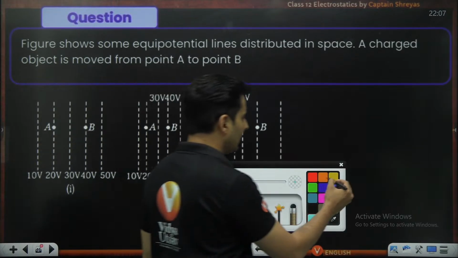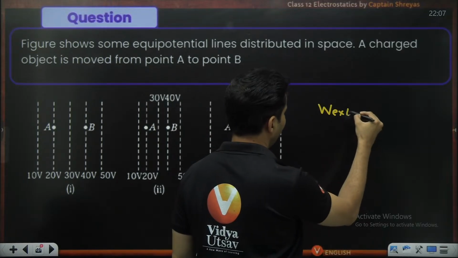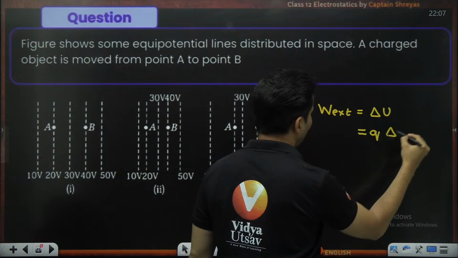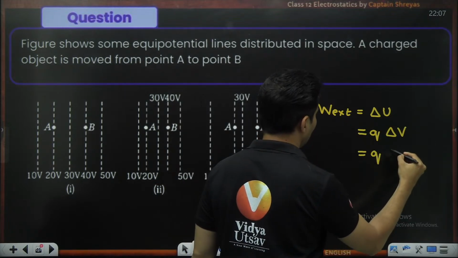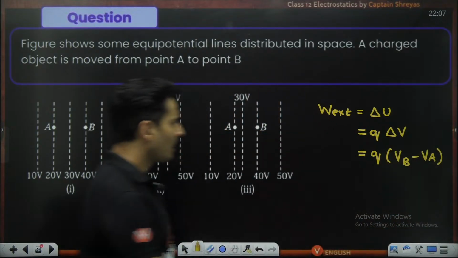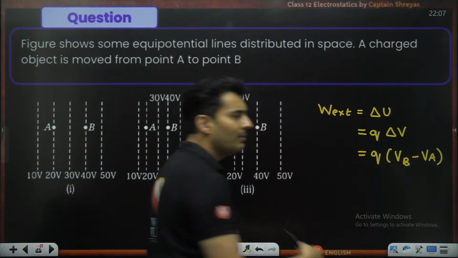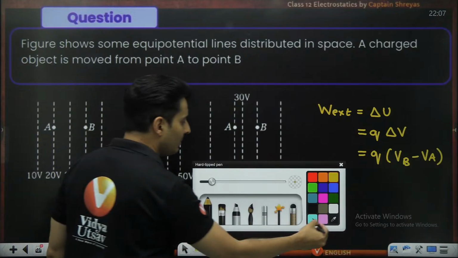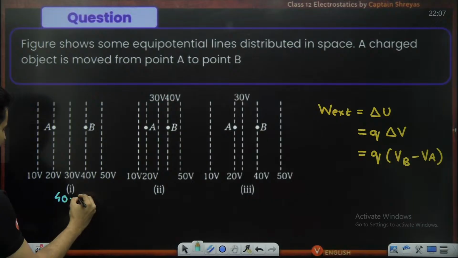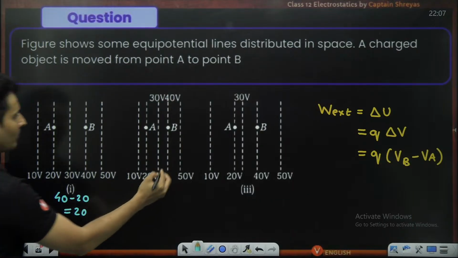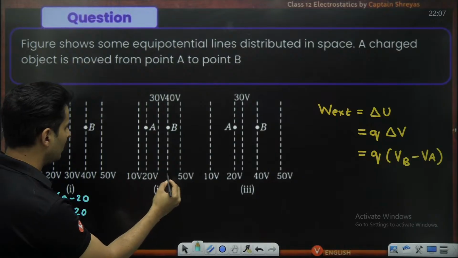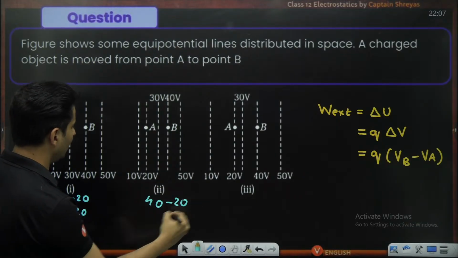Guys, we know that if the question is on the external work done, it is a question of change in energy, which is charge multiplied by voltage difference, which is charge into final minus initial voltage from A to B. So basically compare VB minus VA. If you do VB minus VA over here, it will be 40 minus 20, which is 20. VB minus VA: VB is 10, 20, 30, 40, minus again 20, which is again 20.